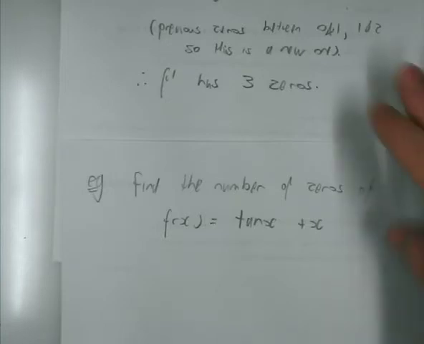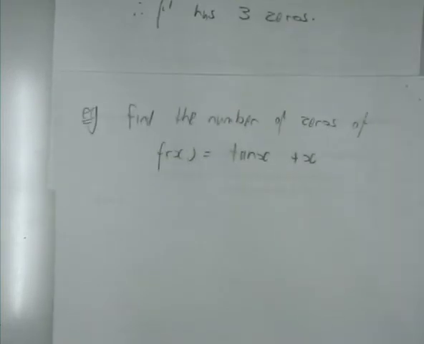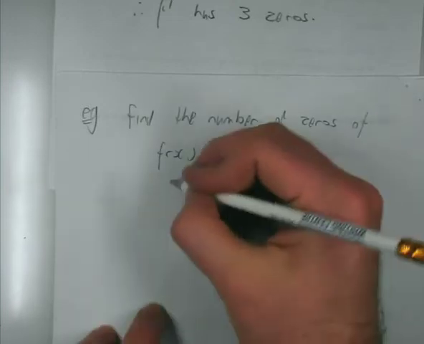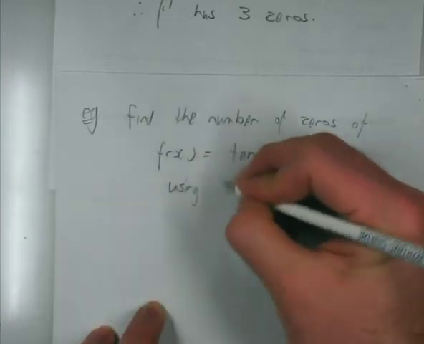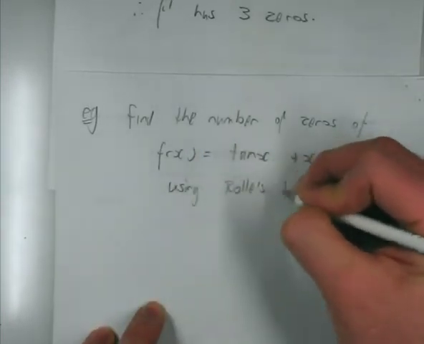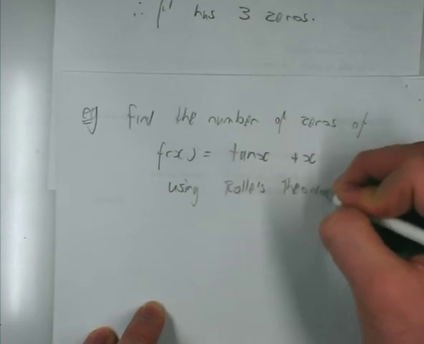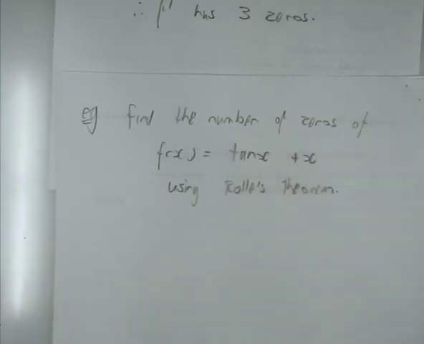Okay, so find the number of zeros of tan x plus x, using Rolle's theorem. Again, they haven't asked me to find the zeros, though presumably x equals 0 would do the trick.